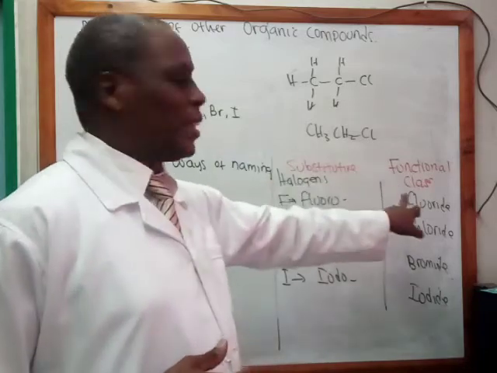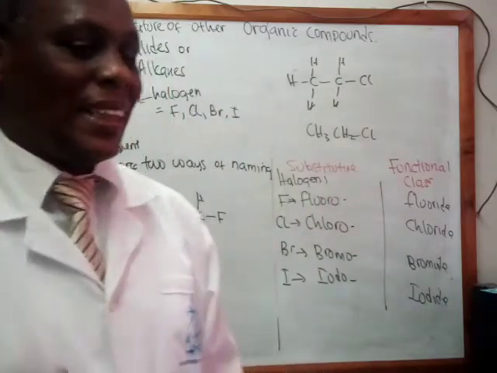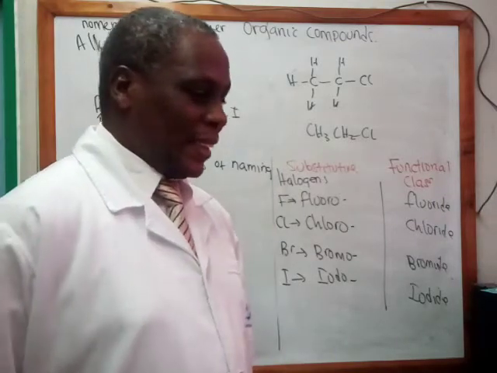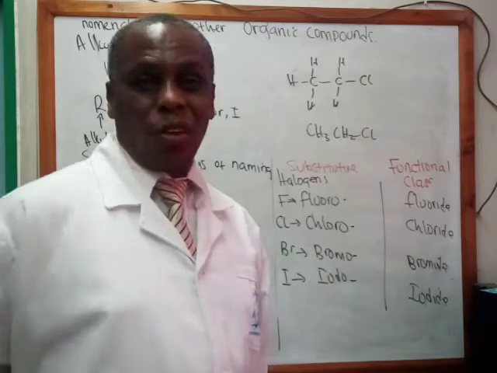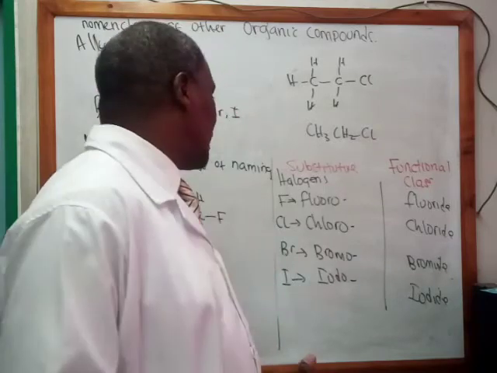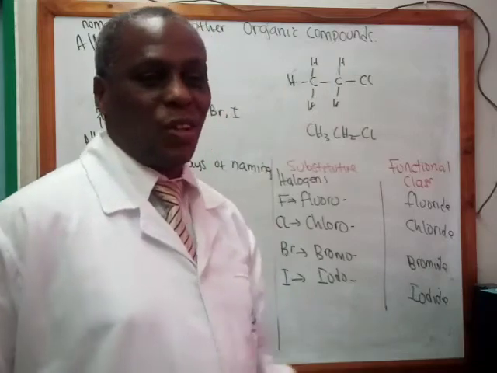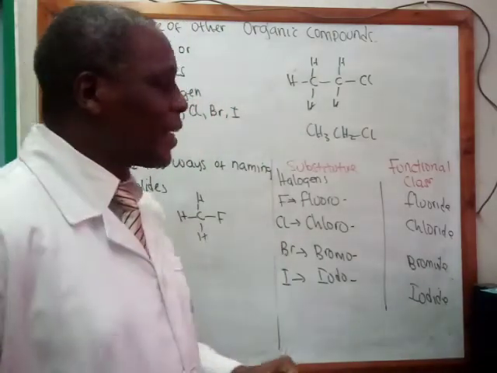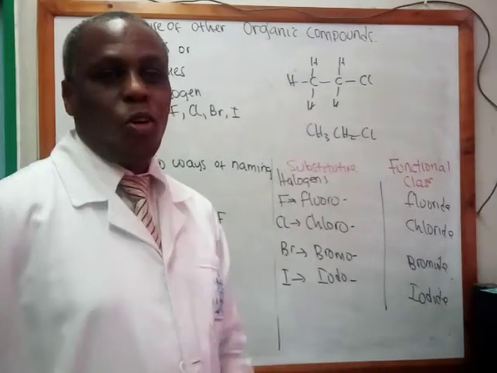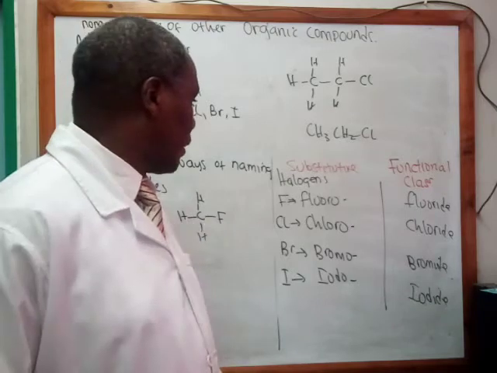The substitutive way is a scenario in which you say your halogen, which can be fluorine, bromine, chlorine, and iodine, is a substituent on a functional group like an alkane, alkene, alkyne, and the rest.